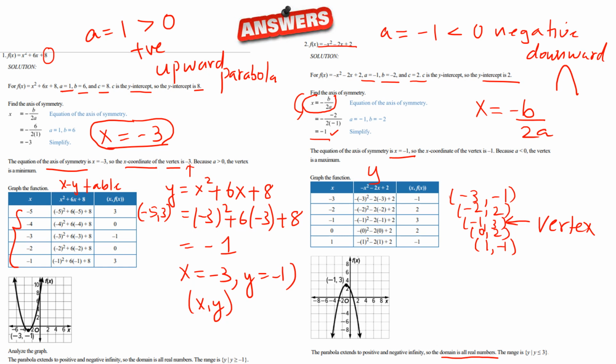This is the maximum point now. It can take values less than -3, but it cannot go beyond 3. So the range is going to be y such that y is less than or equal to 3. Remember, 3 is maximum, and here your -1 was minimum. Okay, so this is how you do the graph.